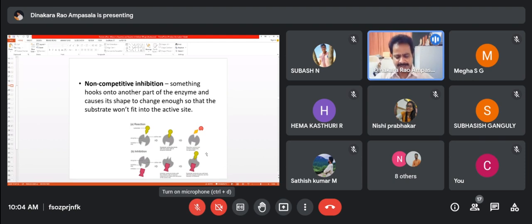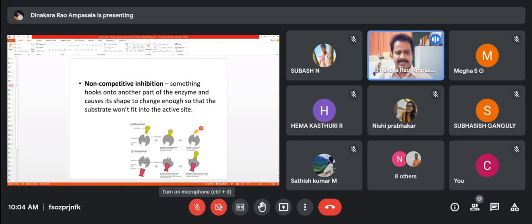In these non-competitive reactions, inhibitors will not compete with the binding site, but they will interact with the other site. That interaction leads to conformational changes at the active site. These physiochemical changes lead to loss of activity of that particular enzyme, even though it interacts with the substrate molecule.